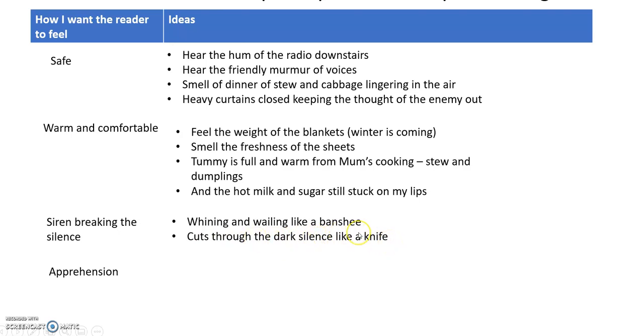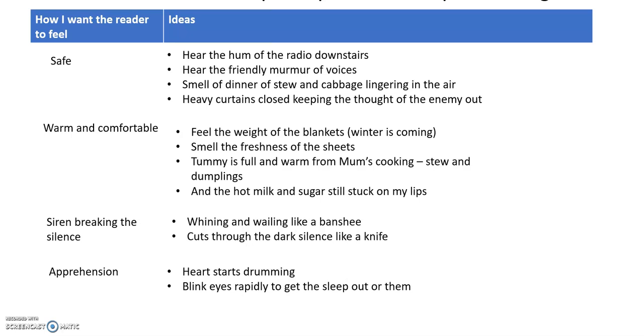Once again, I've got a simile there. Apprehension. Heart starts drumming, so my heart is drumming inside my chest. And my eyes are blinking rapidly to get the sleep out of them because I just dozed off and then that siren broke the silence.